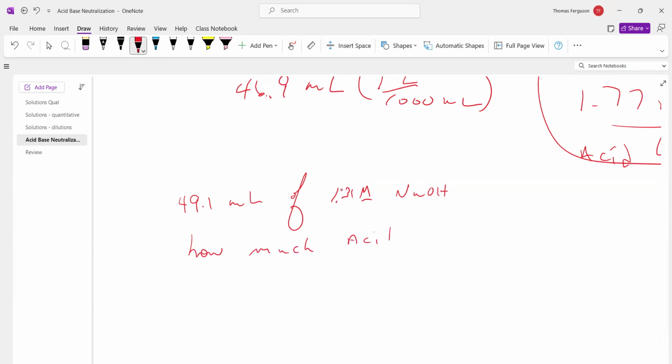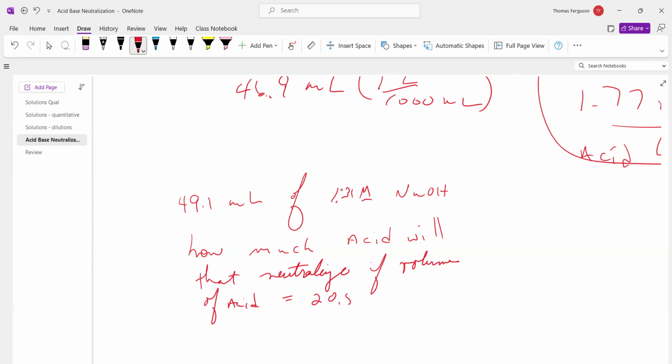How much acid will that neutralize? As soon as you hear the word neutralize, that means moles equals moles.